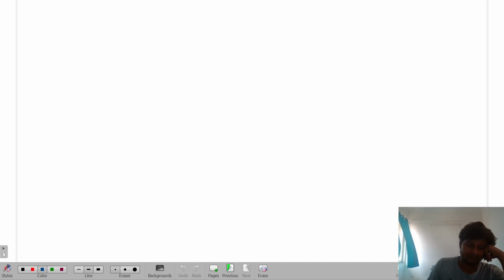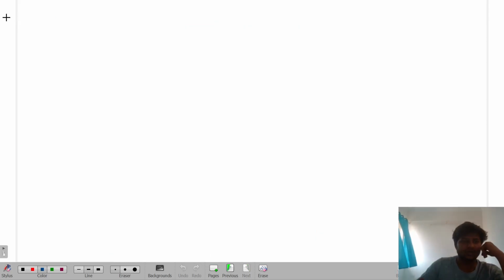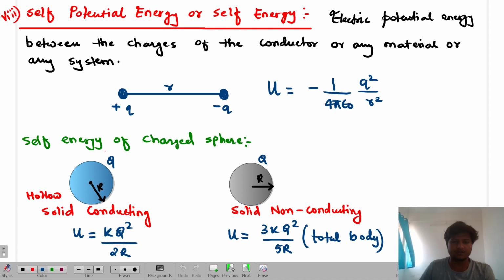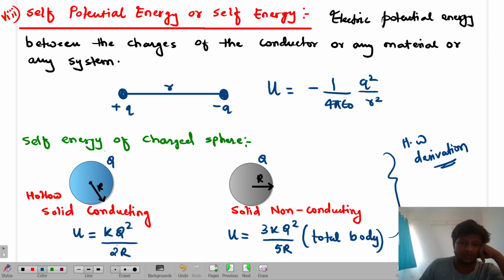We will keep it in reserve because we have capacitors and current still to complete, and your exams are approaching, isn't it? So we will do it at the end if there is enough time left. So I'm just giving this derivation as homework. Is that clear? And then you try it.